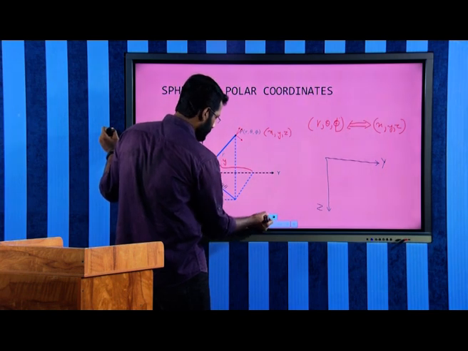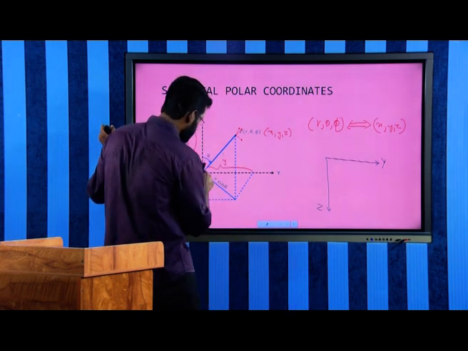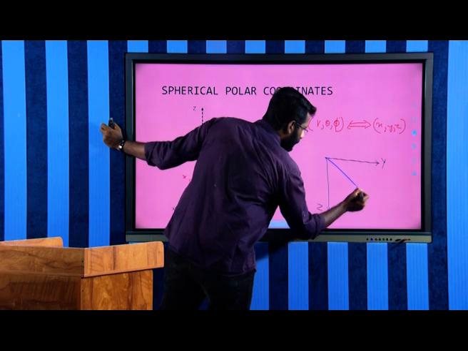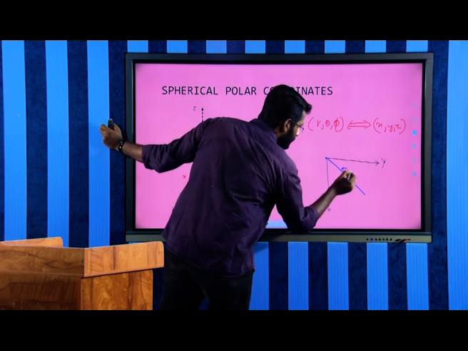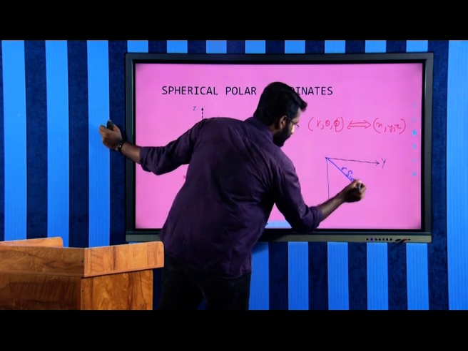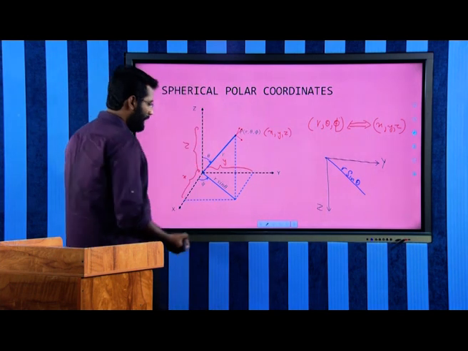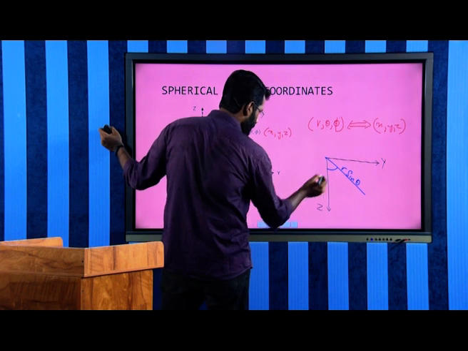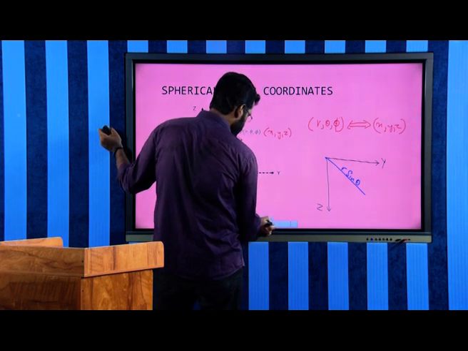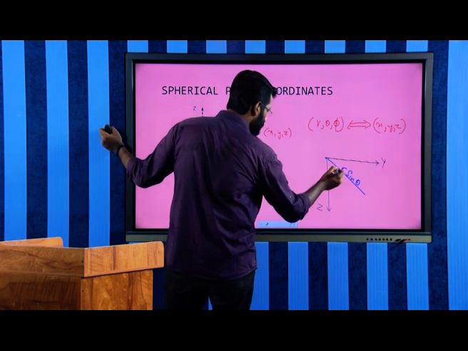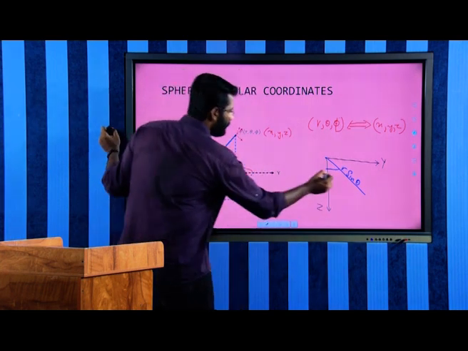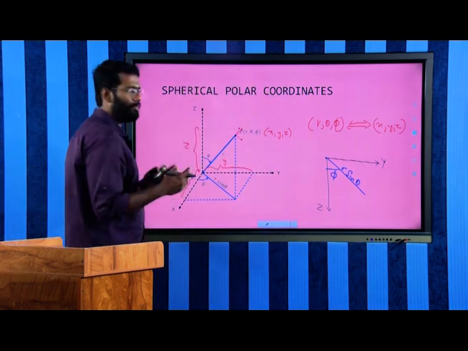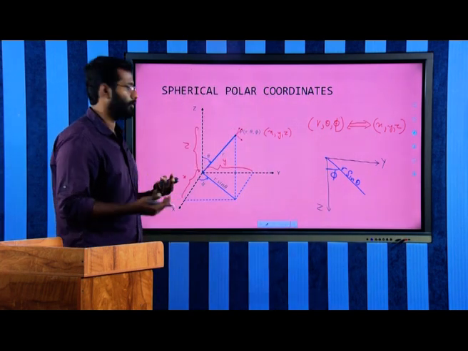So that is y and z, and we have this line, the r sin theta line, and this angle is actually not theta, this is phi. Now from vectors we know how to take the components.